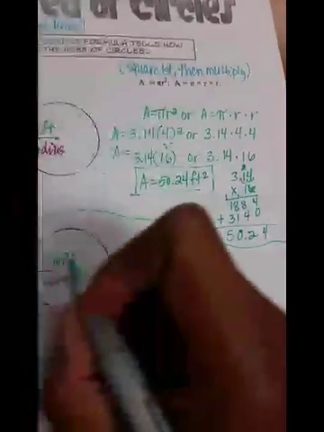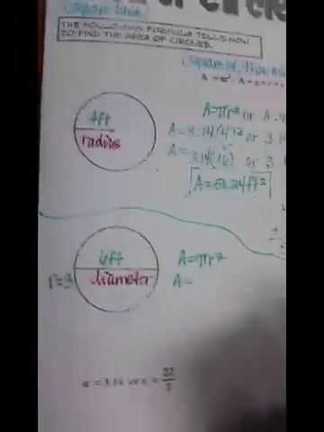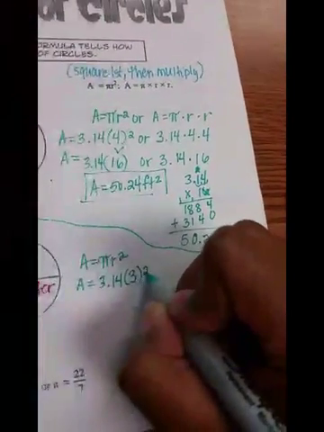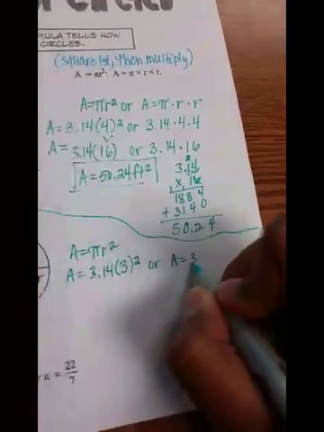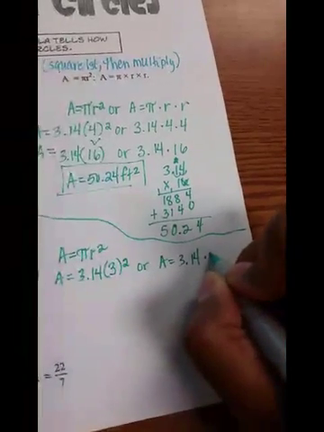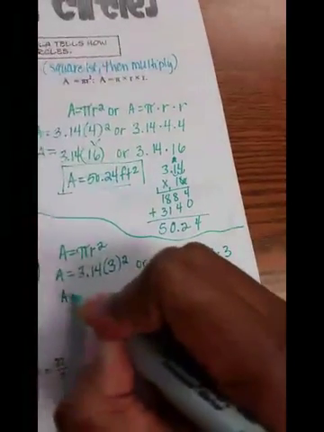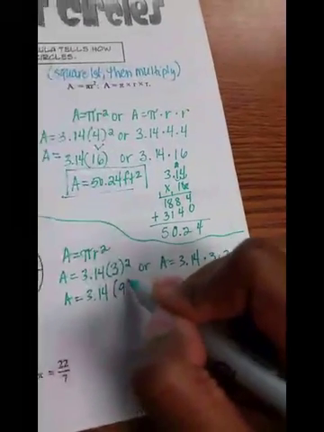So my radius would be half of this, so r would be 3. Okay, so A equals 3.14 times 3 squared, or A equals 3.14 times 3 times 3. Okay, 3 squared gives me 9.